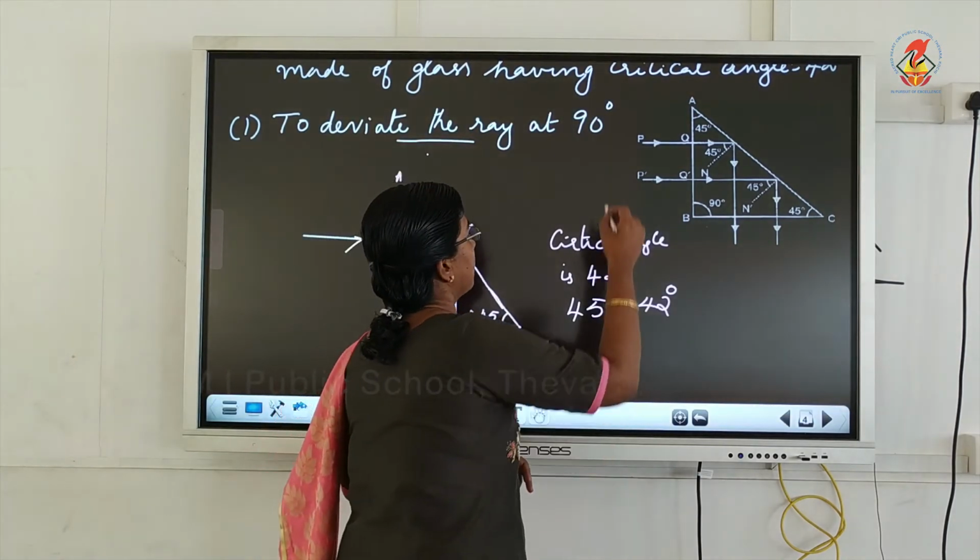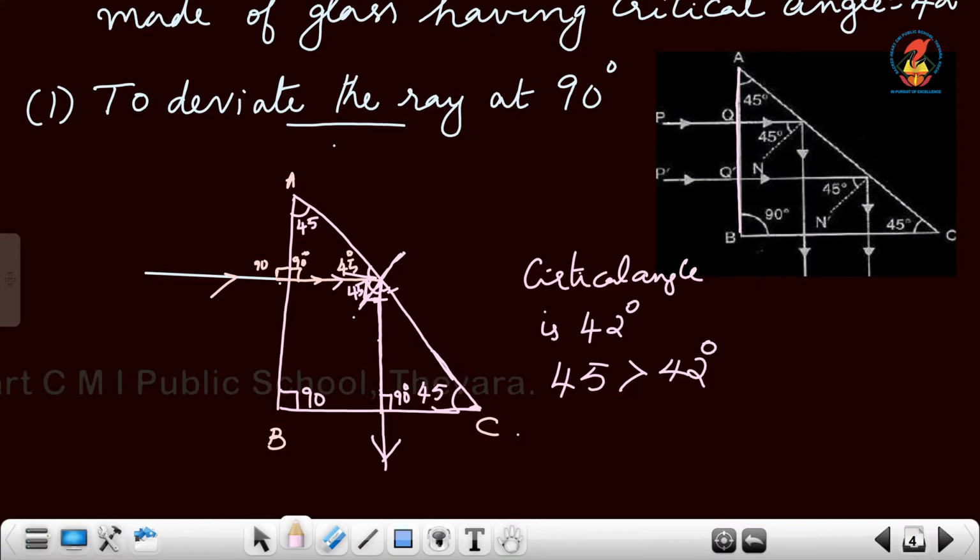So imagine there is an object. This is a right angled prism. There is an object P dash. The rays from P and P dash will hit the face BAC at an angle greater than the critical angle, 45 degrees.